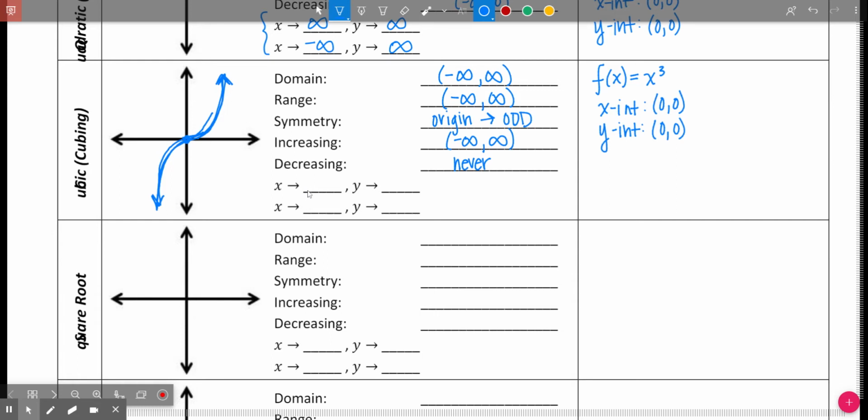Again, end behavior: as x goes to infinity, so on the right-hand side of my graph, y goes to infinity. On the left-hand side of my graph, as x goes to negative infinity, y goes to negative infinity.